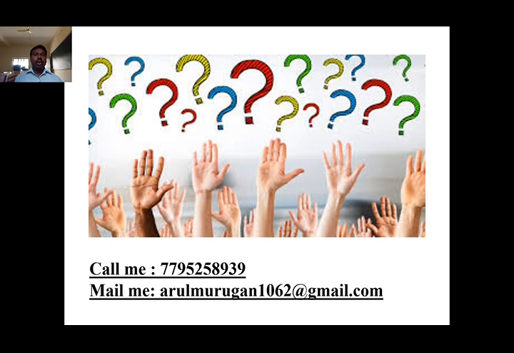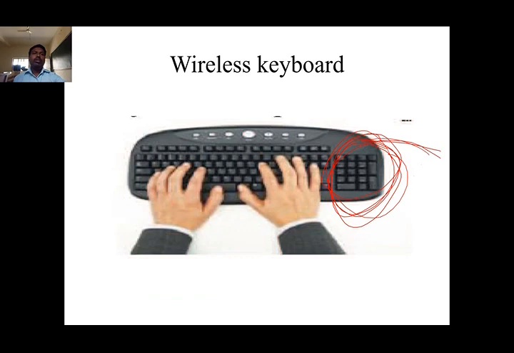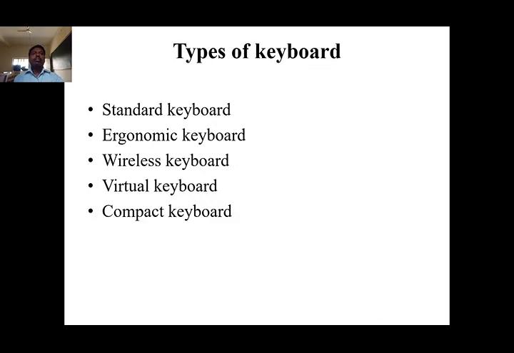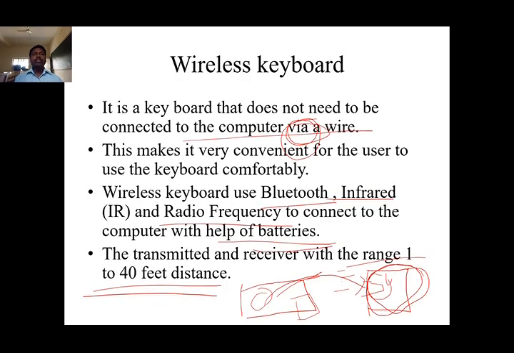Dear students, I am going to conclude this session by giving a summary. In this lecture video, we discussed there are three types of keyboard. First one is wireless keyboard, next one is virtual keyboard, next compact keyboard. What is a wireless keyboard? It is a keyboard that does not need to connect to a computer via wire.